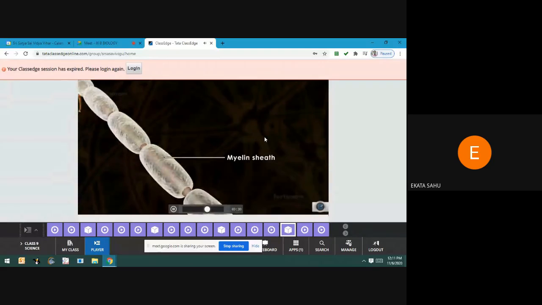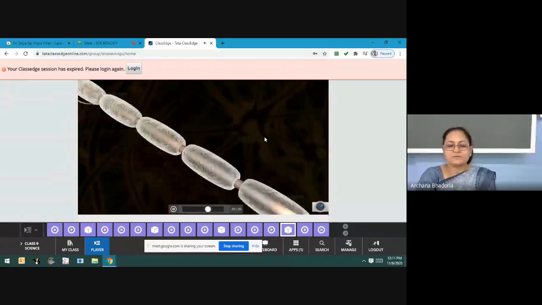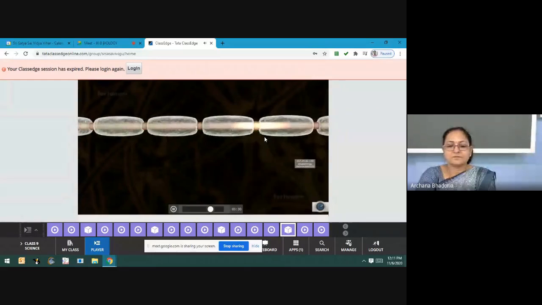The sheath is not continuous along its length. There are many gaps known as the nodes of Ranvier. These gaps allow electrical impulses to jump from one node to the next, thus increasing the speed of its transmission.